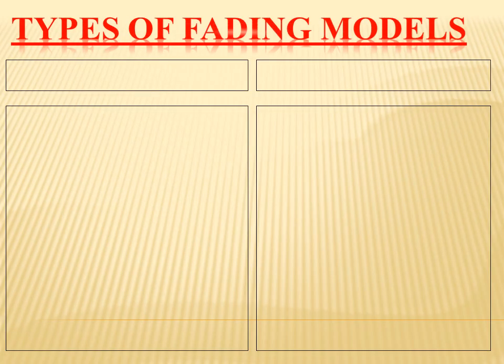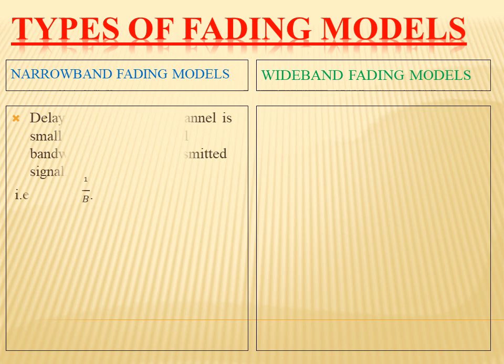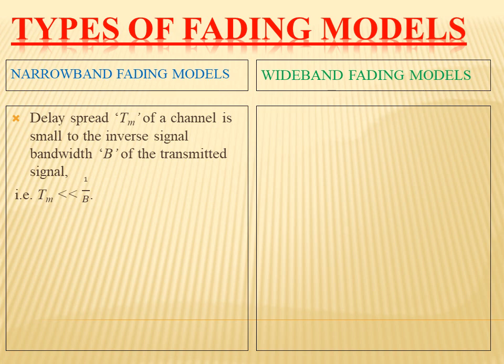Apart from the time varying channel response, there are other types of fading models, that is the narrowband fading model and the wideband fading model. In the narrowband fading model, the delay spread of the channel is small compared to the inverse of the bandwidth of the transmitted signal, as expressed below.